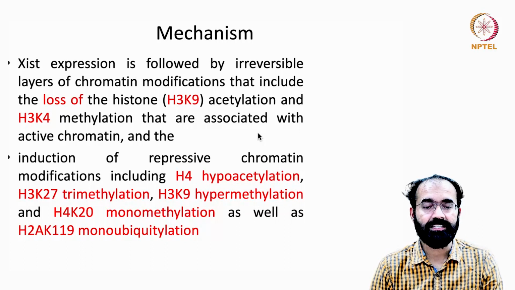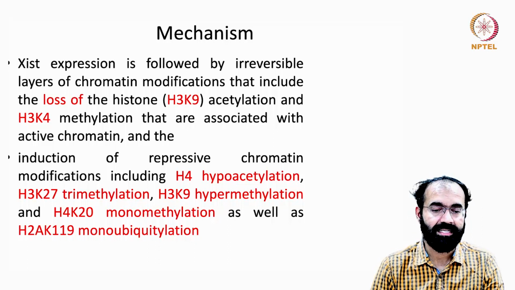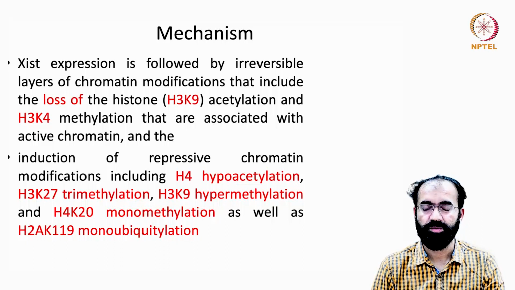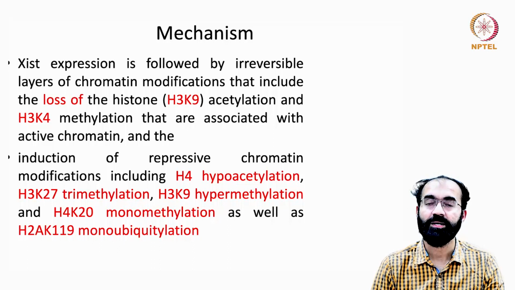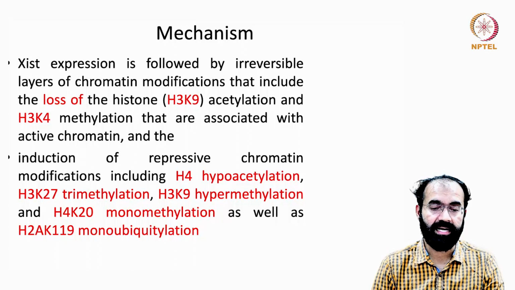So Xist expression is followed by irreversible layers of chromatin modifications that include the loss of histone H3K9 acetylation. H3 stands for histone 3. Different histone proteins are there, so we will not go into H1, H2, H3, H4 like that. But one of the histones is H3, and K9 stands for lysine 9. Multiple lysines are there, but H3K9 acetylation is lost.